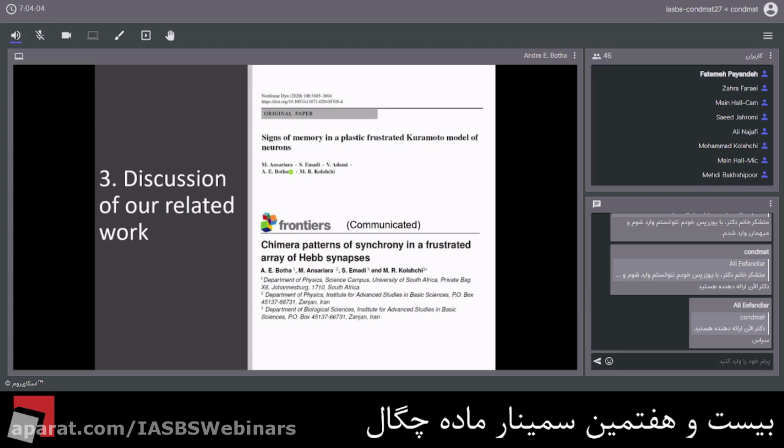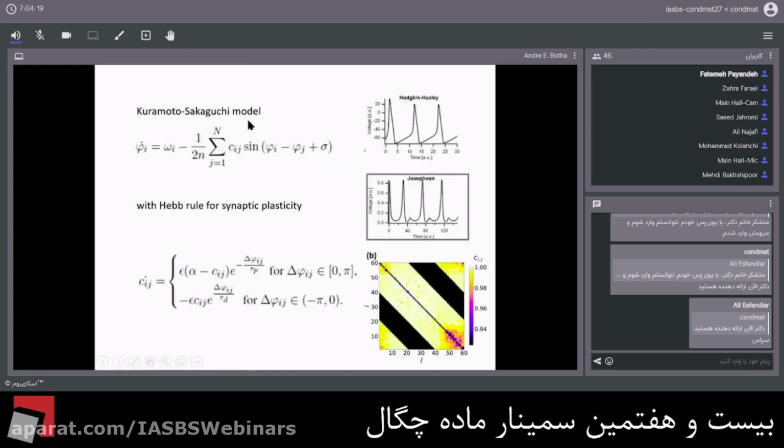And then recently we've also extended this work to study chimera patterns of synchrony that occur in the same model. The idea here is based on the relation that exists between the Kuramoto model and the Josephson junction.